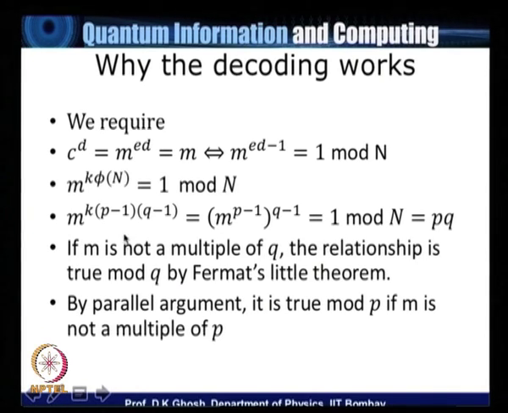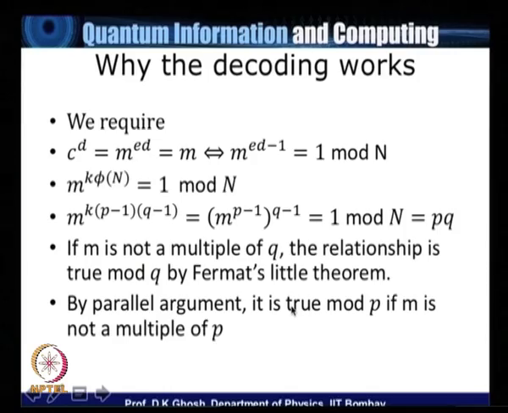Okay, and so if M is not a multiple of Q, then this relationship is true by Fermat's little theorem. And if I wrote this M as M to the power Q minus 1 raised to the power P minus 1, then by parallel argument I can prove that this is also true by Fermat's little theorem for the other integer P as well.